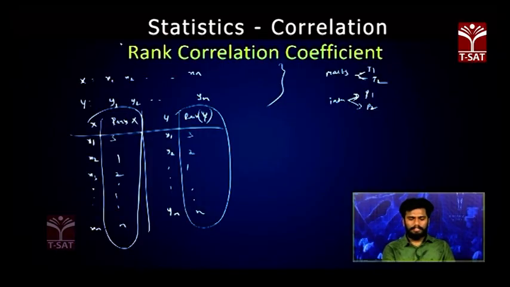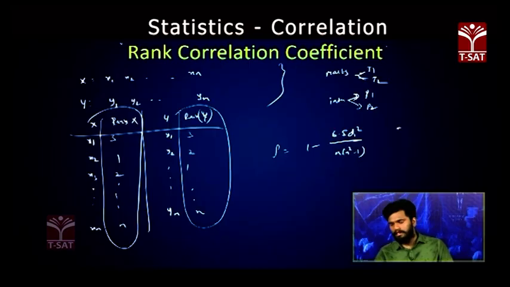Then we call it the rank correlation, and it is denoted by rho, and it is given by 1 minus 6 into summation di square by n into n square minus 1, where di is nothing but the deviation of ranks of xi comma yi.